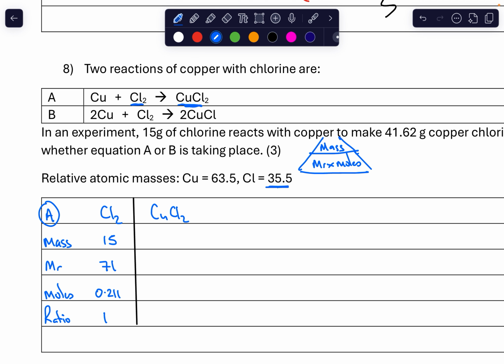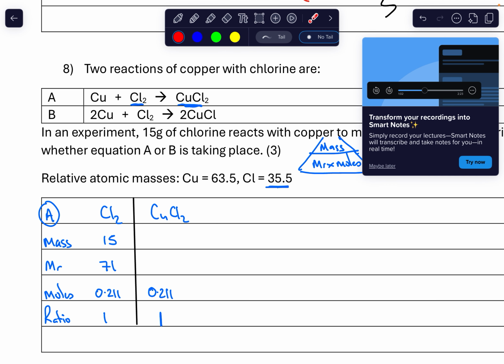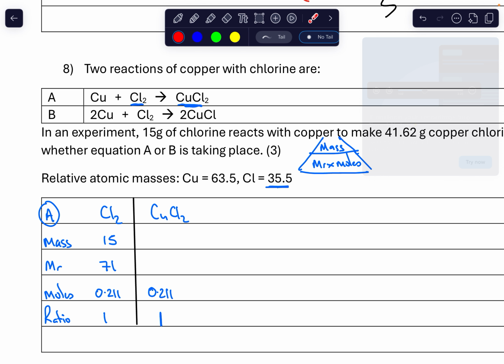And on this side, I'm going to put 1. Okay. So if the ratio is 1 to 1, then I'm going to have exactly the same number of moles. So if I had 0.211 here, I've got 0.211 here.